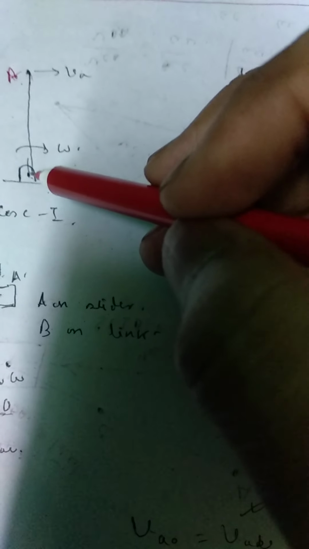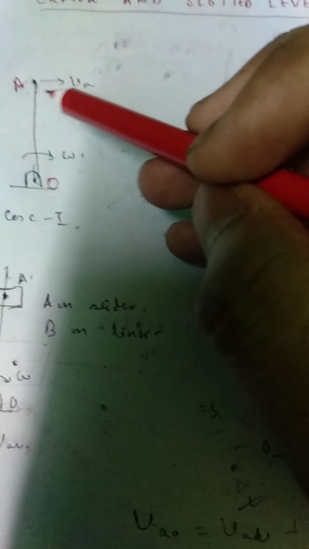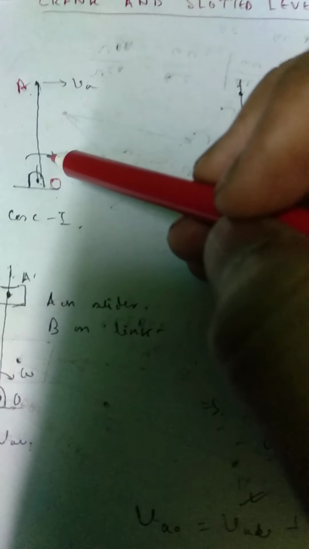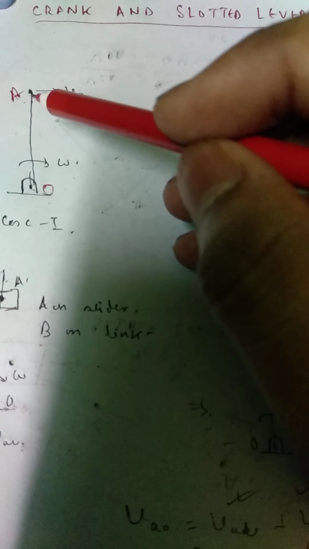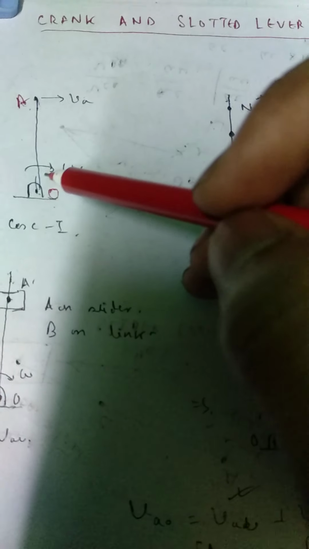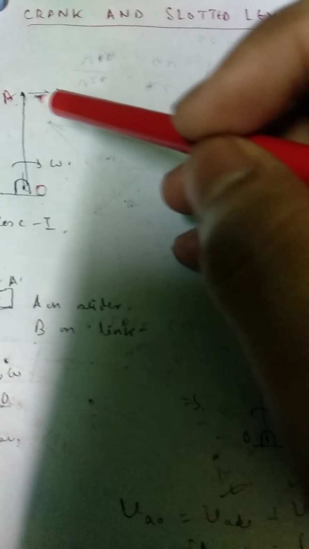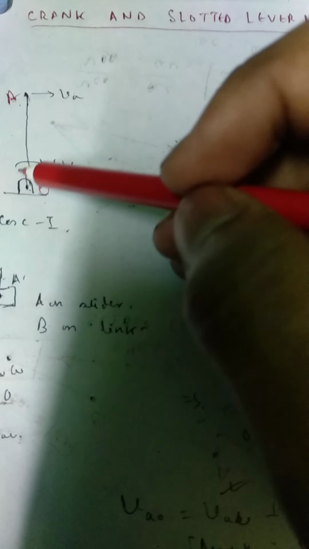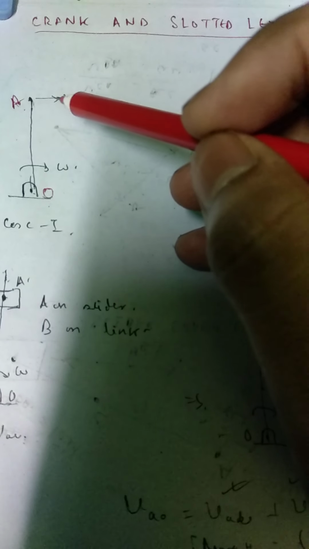This link is able to rotate about point O with an angular velocity omega. The velocity of point A with respect to the fixed point O will always be perpendicular to the direction of the link, in this direction.